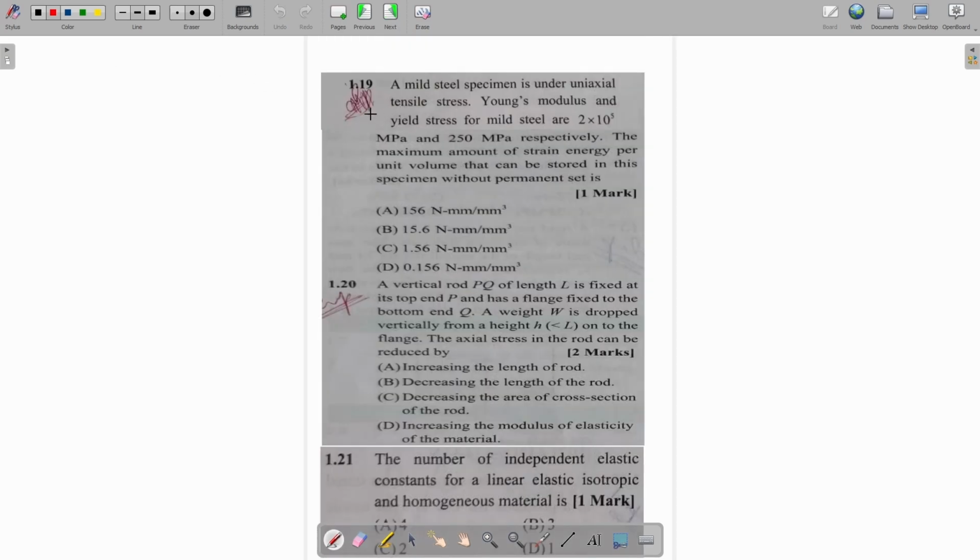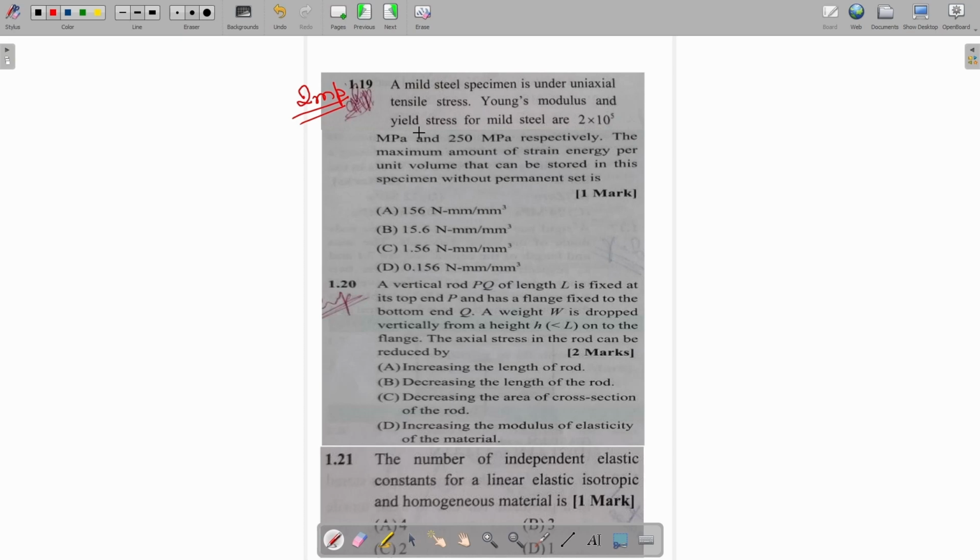This particular question is partly important, because the game is within the unit itself. First, let us study this. A mild steel specimen is under uniaxial tensile stress.